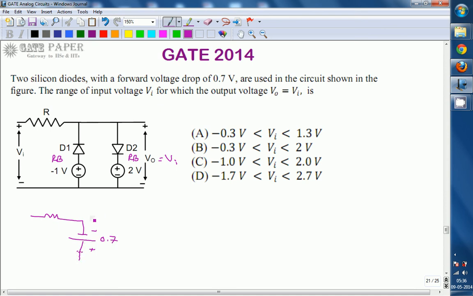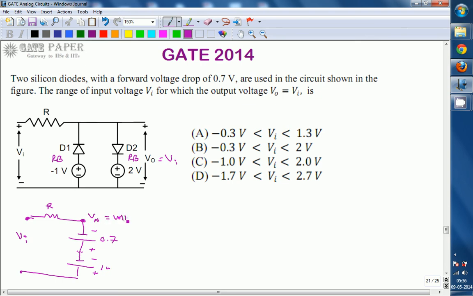You can indicate the minus 1 with polarity as minus plus of 1 volt. This is Vi with respect to D1, which is the voltage at the N side.